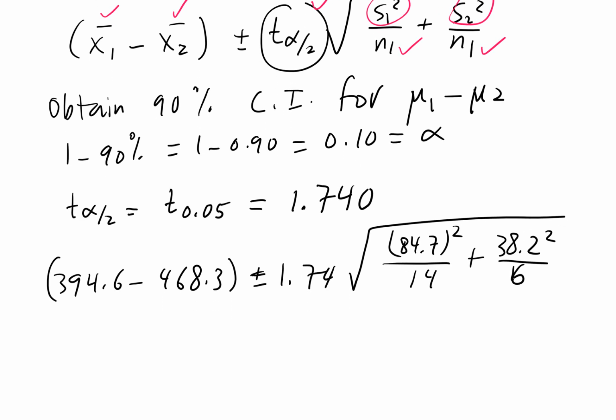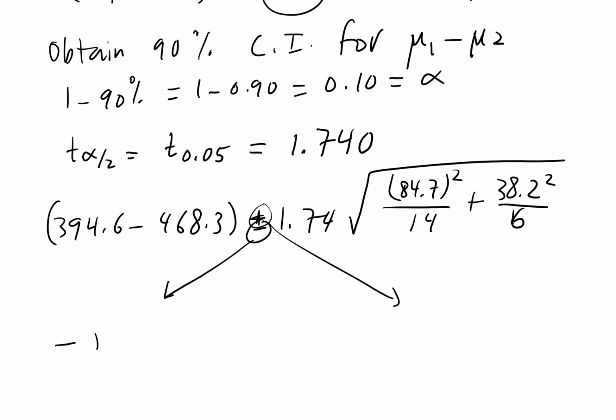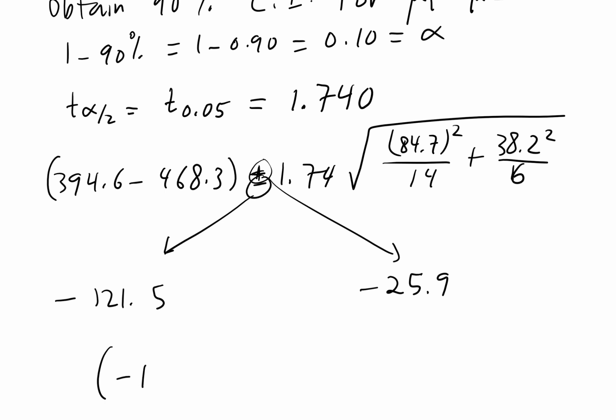And you can split it one time positive and one time negative. And calculation wise, I got negative 121.5 and negative 25.9. So the interval is from negative 121.5 to negative 25.9.